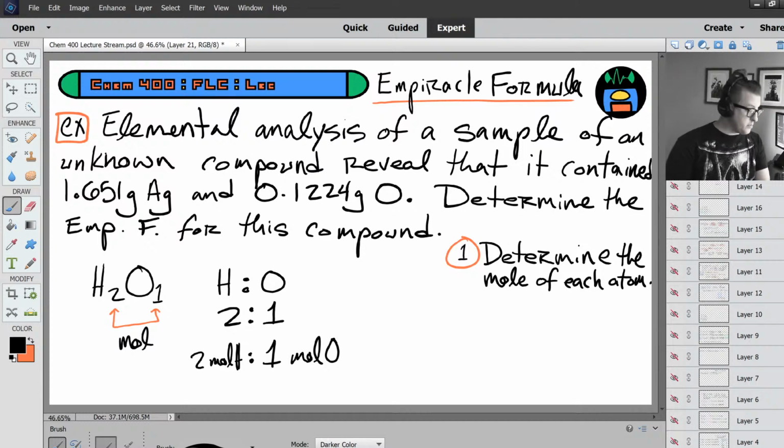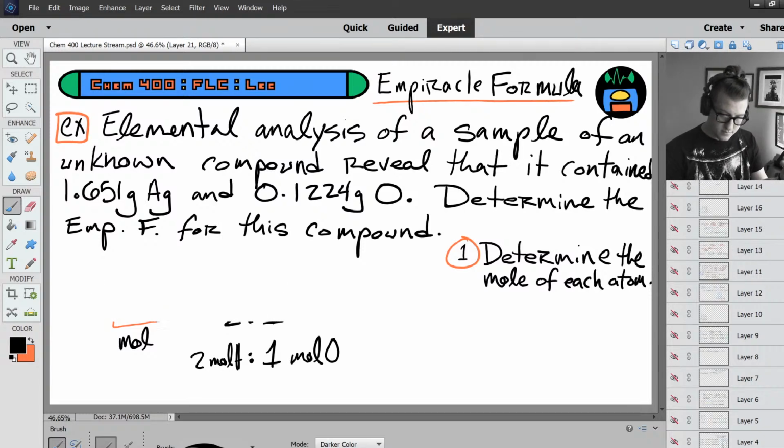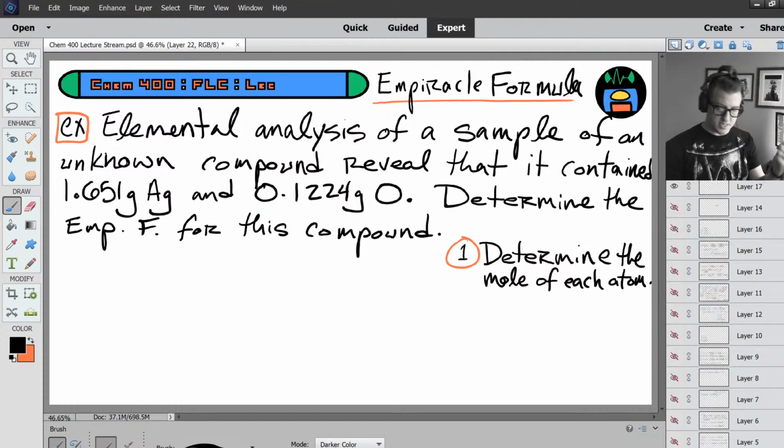All right, determine the moles of each atom. So let's do that. We've got 1.651 grams of silver.